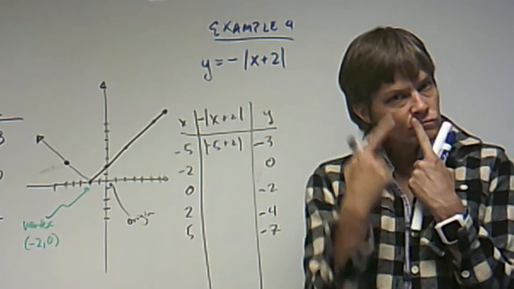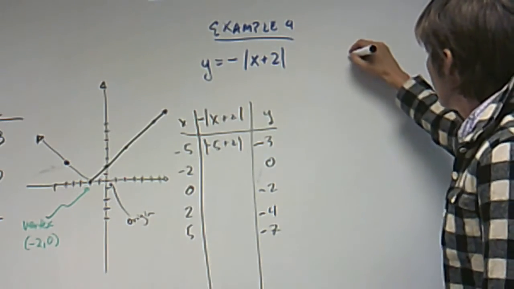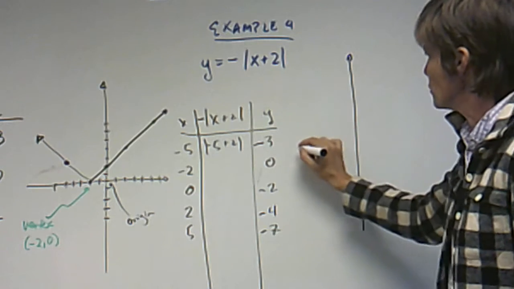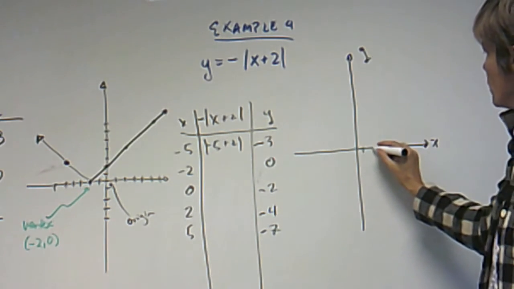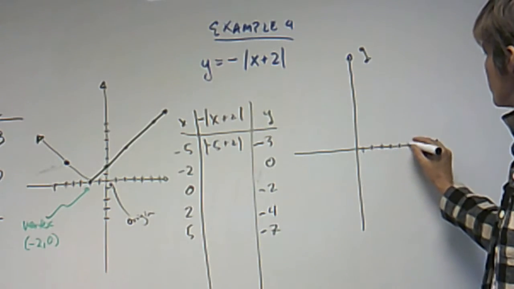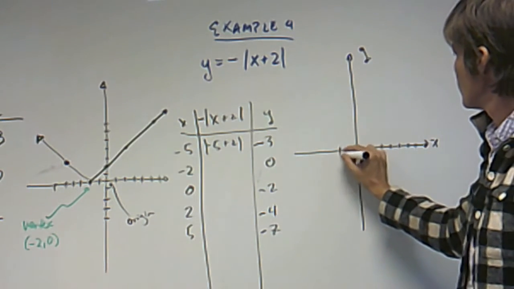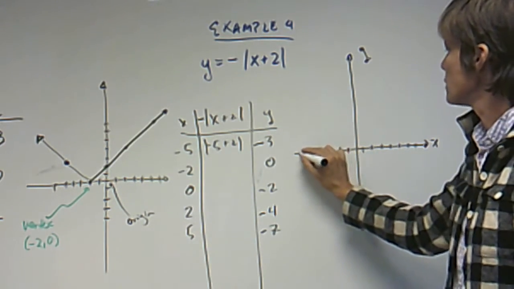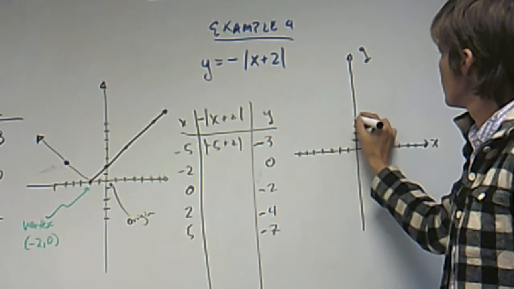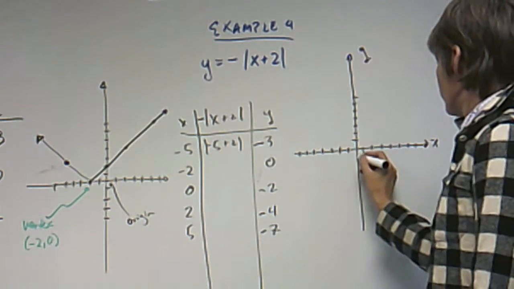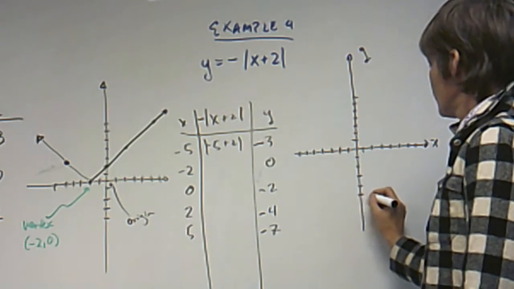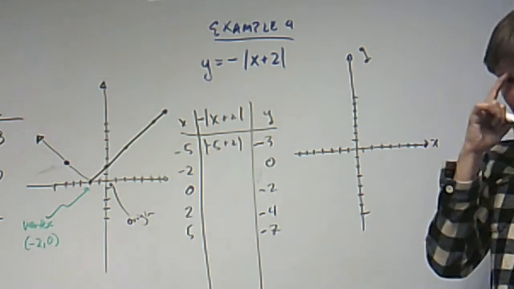Well, in your tiny micrograph again. X, Y, 1, 2, 3, 4, 5, 6, 7, 1, 2, 3. I like making my dashes. 1, 2, 5, 6, 7. Alright, I'm gonna plot these. Ready?